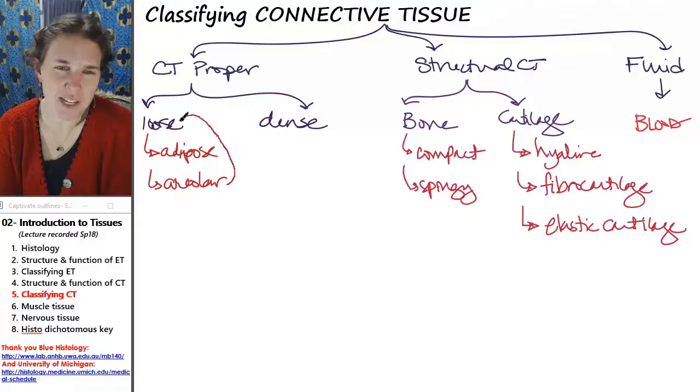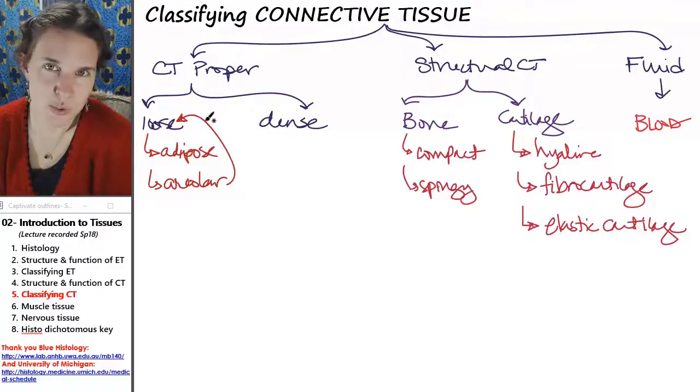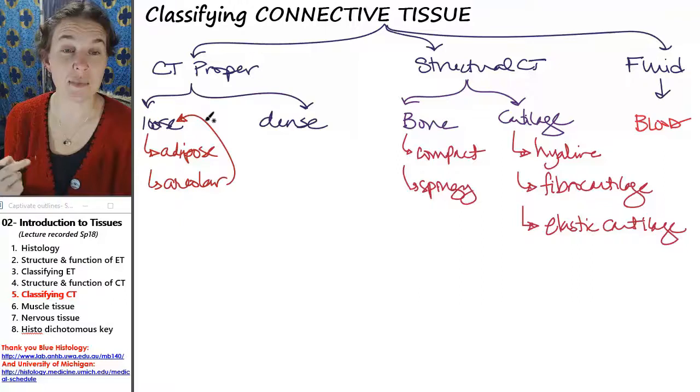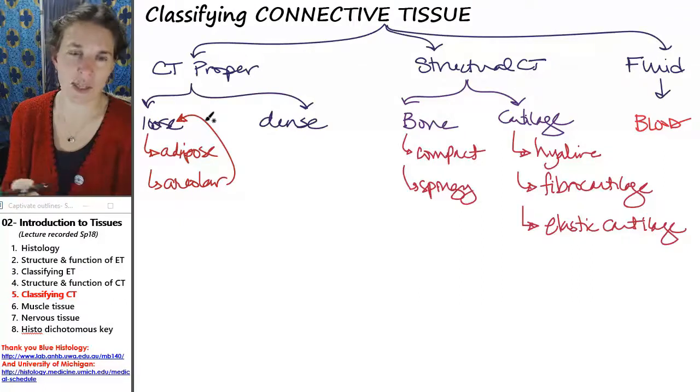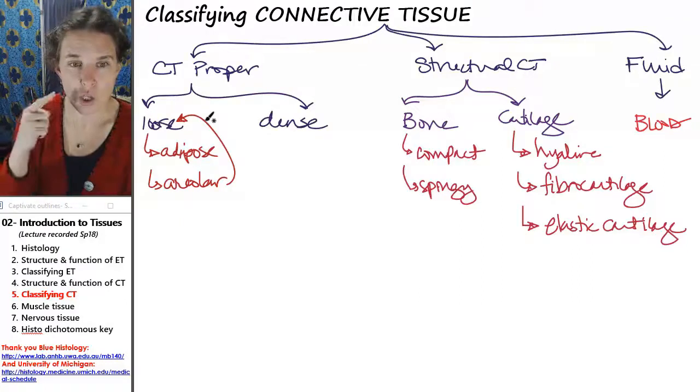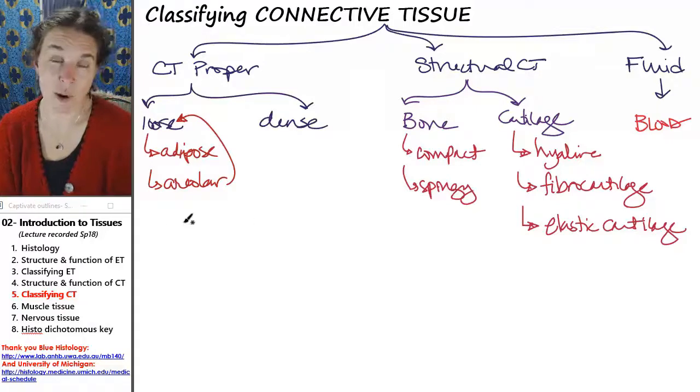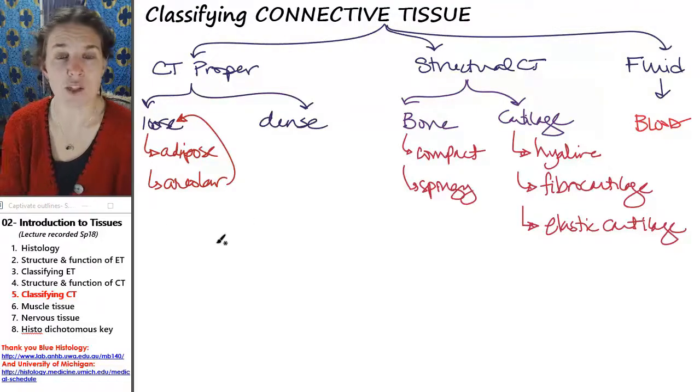Sometimes areolar connective tissue is called loose connective tissue. So if you see somebody say, look at that loose connective tissue, you can know they're probably talking about areolar connective tissue.